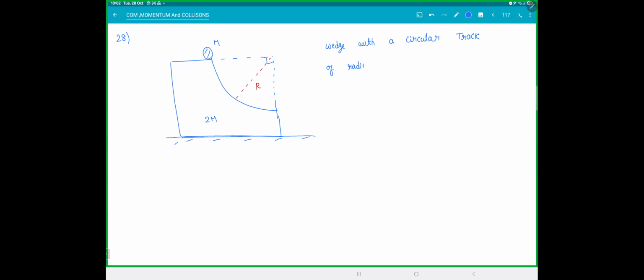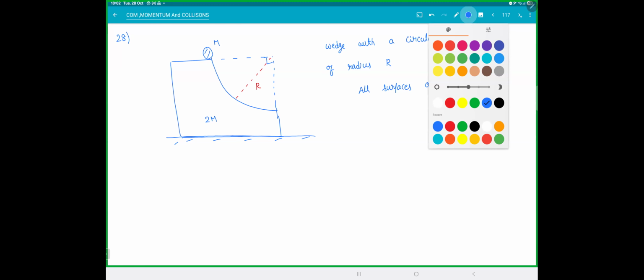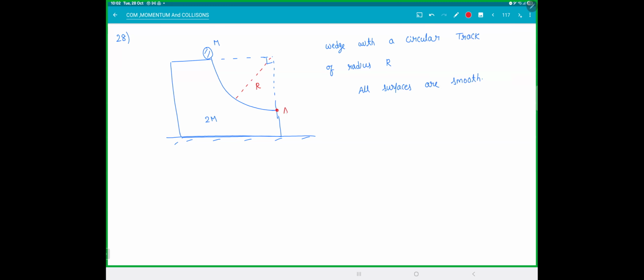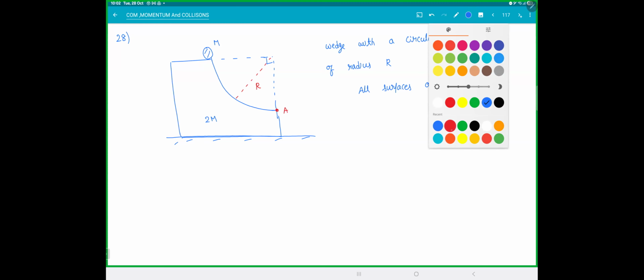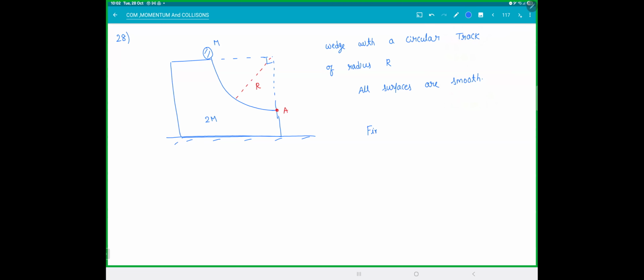The wedge is smooth, the wedge's floor is smooth. Let this corner point be A. Find the speed and the normal reaction of the ball when it reaches point A. So you gently pushed it and the ball starts rolling. The mass of the wedge is 2m, the ball's mass is m.